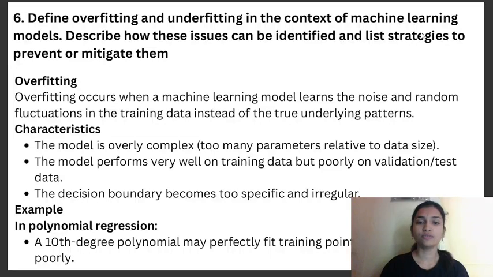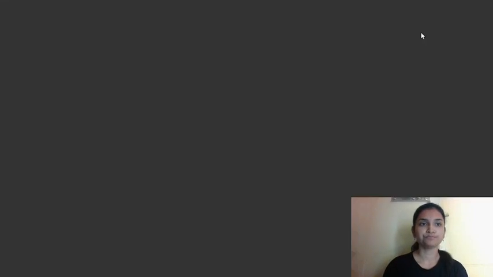The model performs very well on training data but poorly on test data and validation data. The third one is the decision boundary becomes too specific and irregular. An example is in polynomial regression, a 10-degree polynomial may perfectly fit training points but generalize poorly.